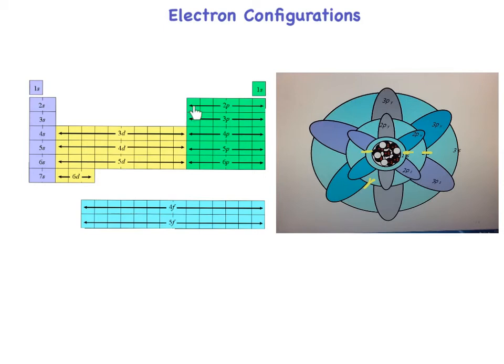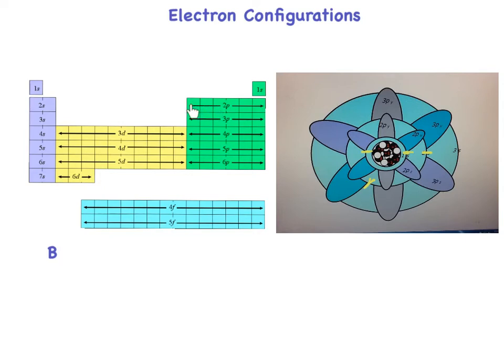Atomic number 5 is boron. Now boron is in the second energy level, but it's in the p sublevel. Since it has 5 electrons, it's going to fill the same way all the ones before it did, except it's going to have 1 more electron than beryllium did. So of boron's 5 electrons, the first 2 will go into the 1s. The second 2 will fill up the 2s, and the 5th electron is going to go into the 2p.